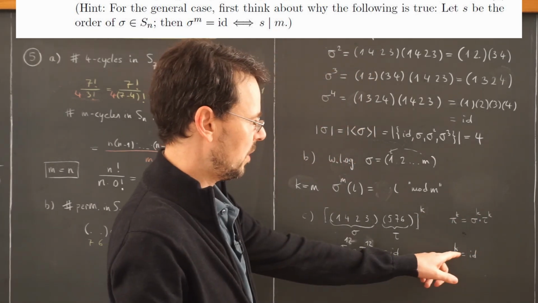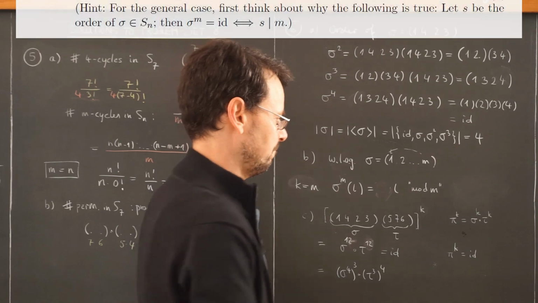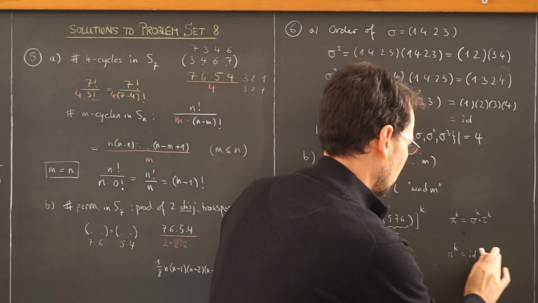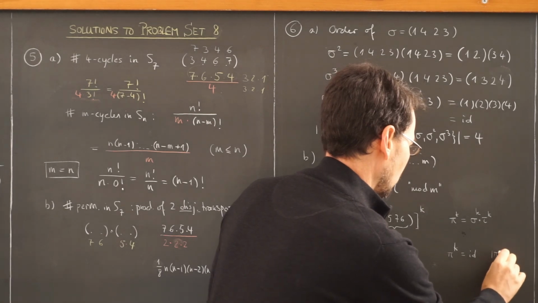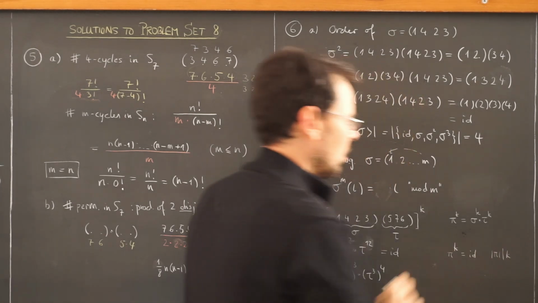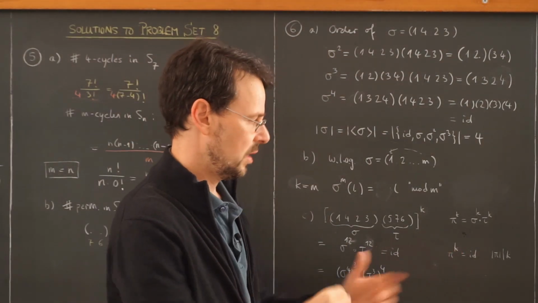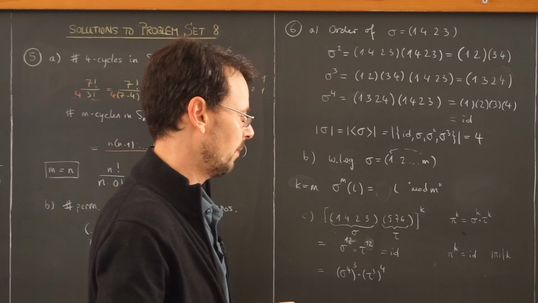If pi to the k is the identity, then we know that the order of pi divides k. It need not be k. K can be greater.